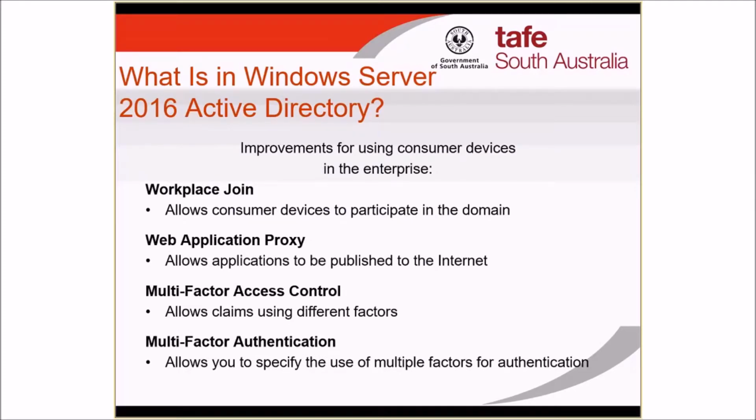With 2016, there are some more improvements in the enterprise. We can have what's called workplace joins, which allows consumer devices to participate in the domains. What does that mean? That means, hey, these computers are already part of the domain, right? That's fine. We own that equipment. But what about you? You've got laptops and you've got phones, you've got devices that you might bring from home.